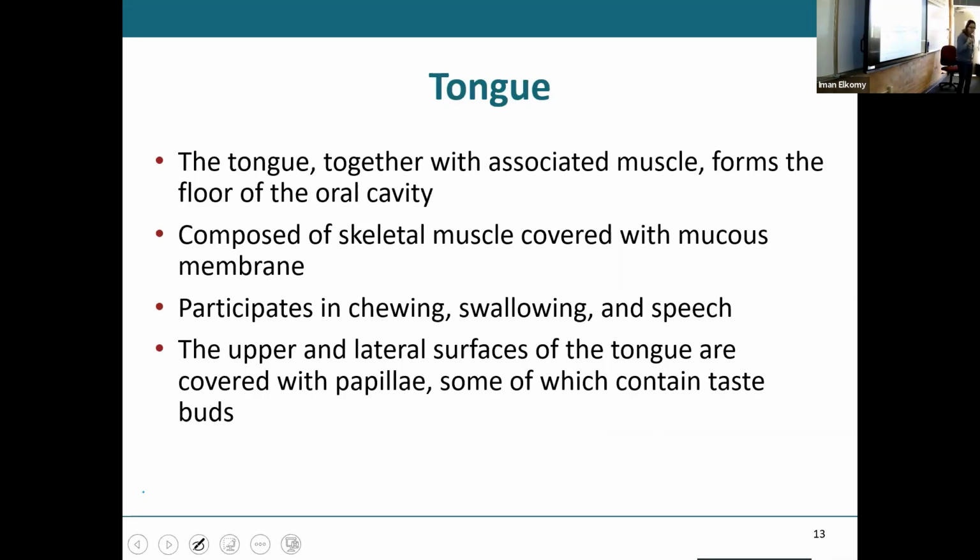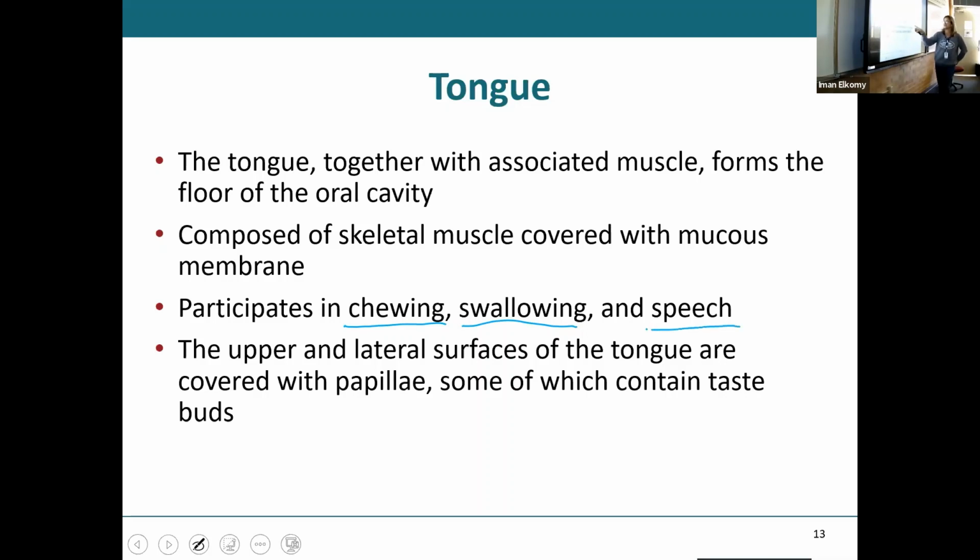Oh, all right. So we also have a tongue. What does the tongue do? Well, the tongue serves a very important role in digestion because it's going to help us chew stuff. It's going to help move things around so that the teeth can grind them down into smaller particles. It's going to aid in swallowing. How does it do that? Well, after you've chewed up all that food and mixed it with saliva, it makes it into a little ball and helps you push it to the back of your mouth.